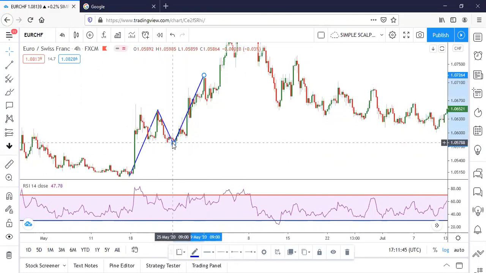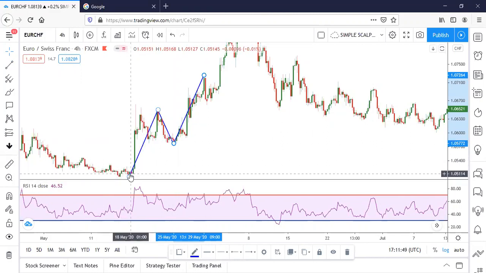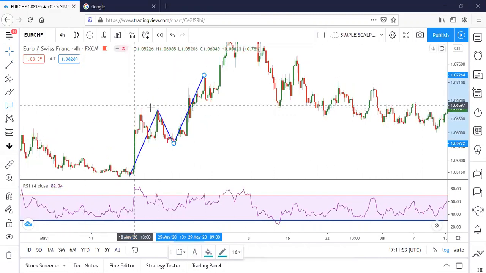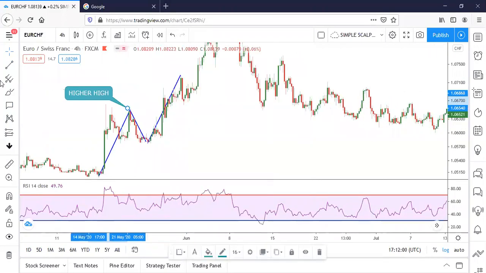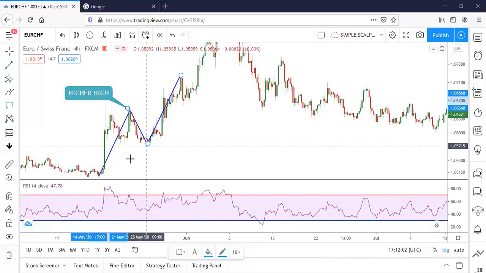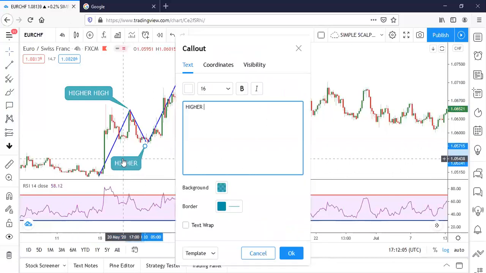So you want to see this is a low where price was coming from, and it pushed up to this place. This place is considered a high, higher high, and this place is considered higher low, right?